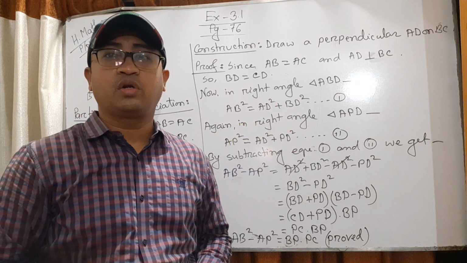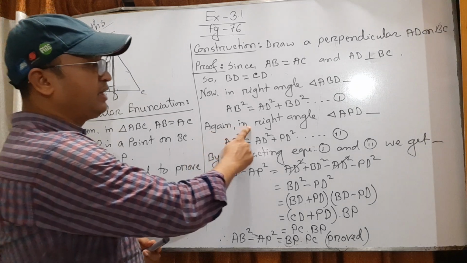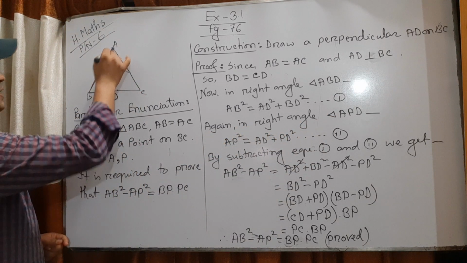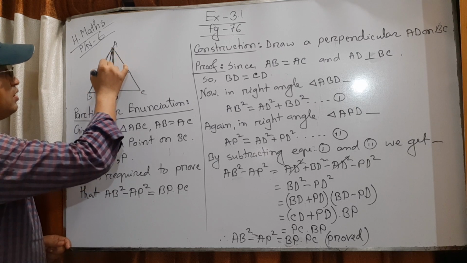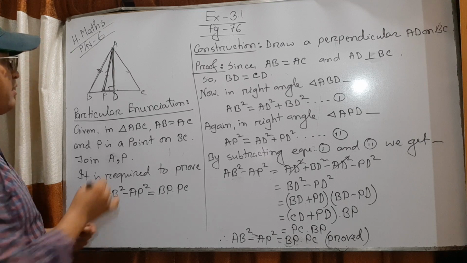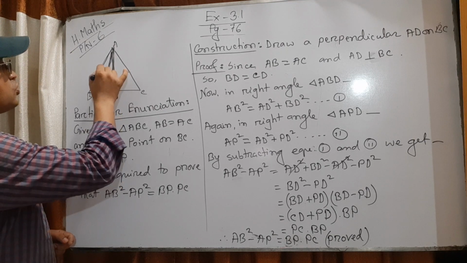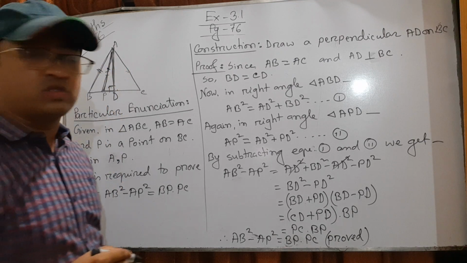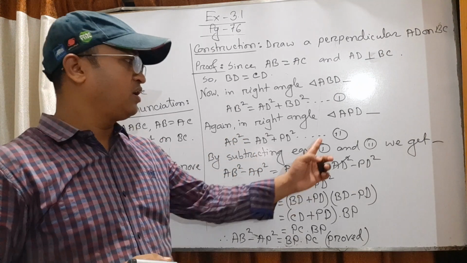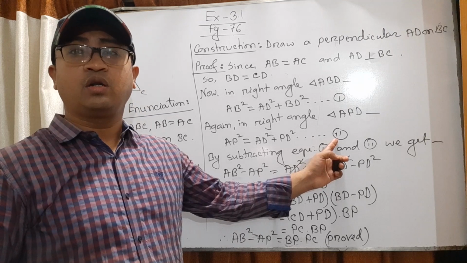This is equation number 1. Again, in right angle triangle APD, this small triangle is also a right angle triangle and D is the right angle, so AP will be the hypotenuse. So AP square equal to AD square plus PD square, that is equation number 2.